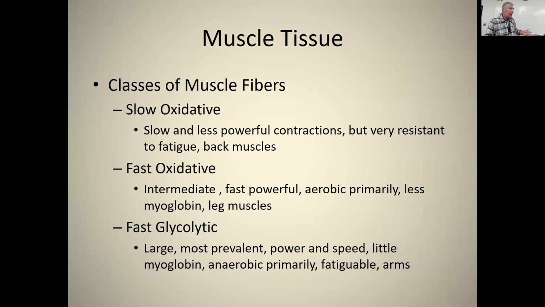It's kind of genetically determined. If you've got more than the usual fast glycolytic fibers in your legs, you're going to be a really fast runner, okay? And not so good in long distance. If you have a lot more fast oxidative in your legs than the usual person, you're going to be a really good long distance runner.